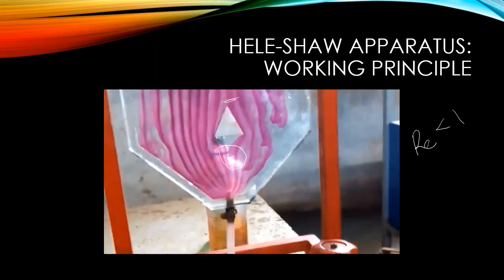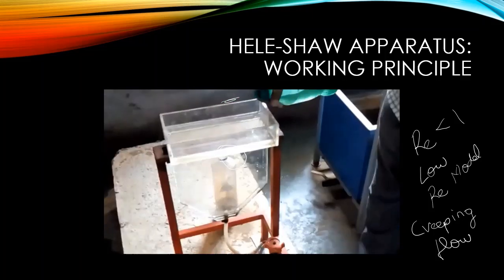So the Reynolds number should be kept less than 1, and it is suitable for low Reynolds number models. We are going to keep this Reynolds number less than 1, right? And the other name of the flow which occurs here is called creeping flow. So this is called creeping flow. Let us see one by one how this Hele-Shaw apparatus is functioning, right?